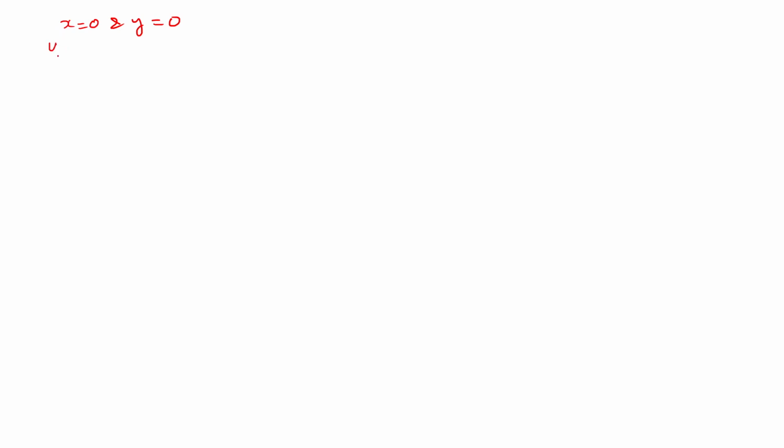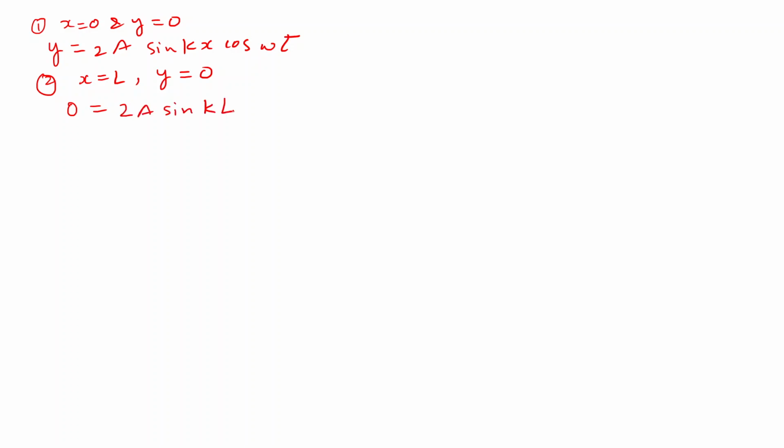we get y is equal to 2a sin kx cos omega t. In this, when we put the second boundary condition, at x is equal to L, y is again 0. When we put x is equal to L, then y is 0 means it will be 2a sin(kL) cos omega t, right?